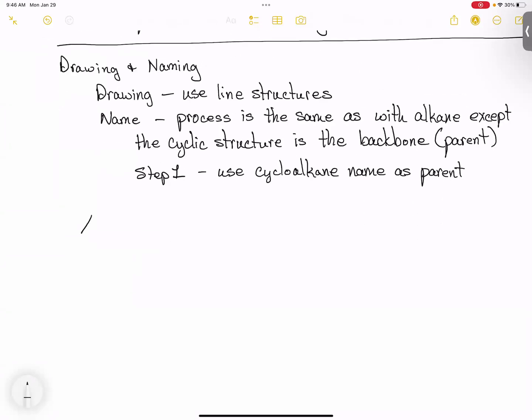So if it's 3 carbons, it's cyclopropane. If it's 4 carbons, it's cyclobutane.